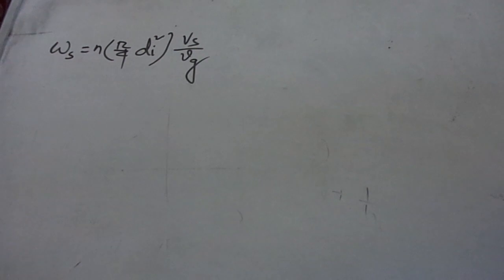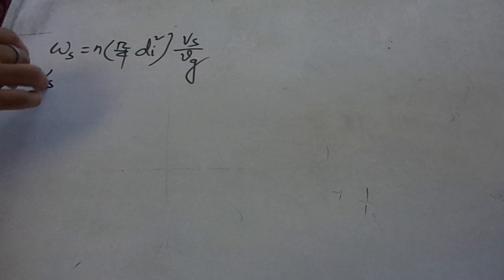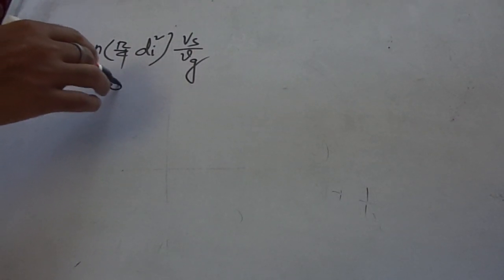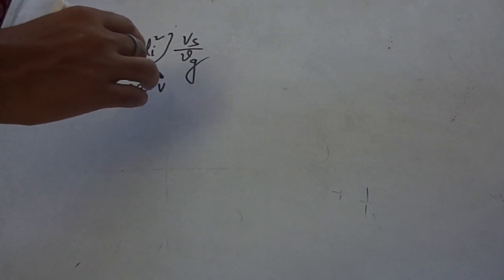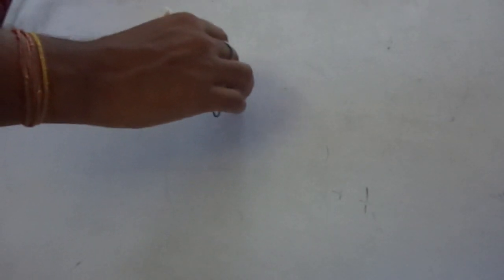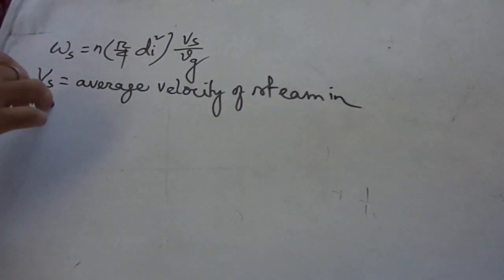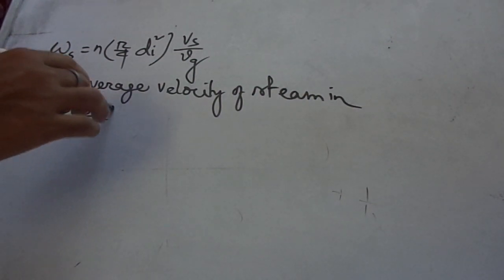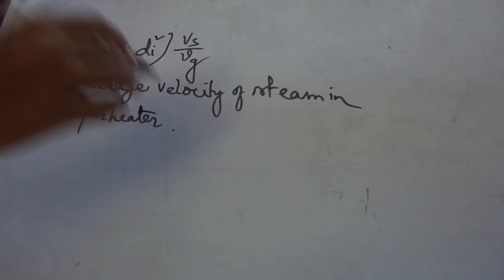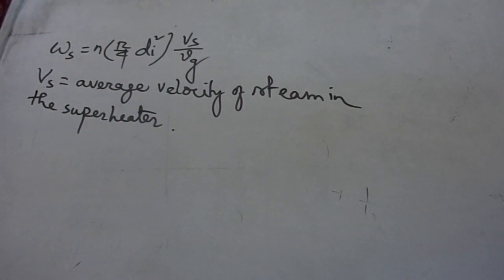Where capital Vs is the average velocity of the steam in the superheater. For intermediate pressure boilers, the steam velocity may be about 22 meters per second.